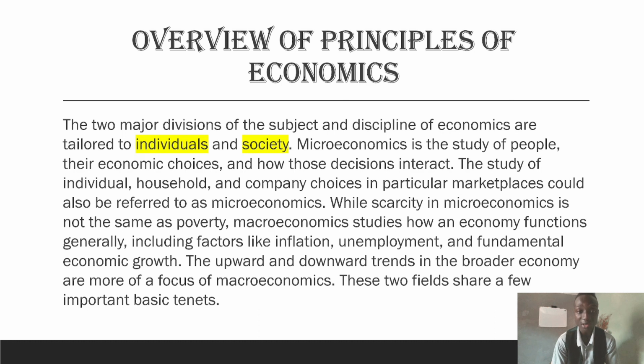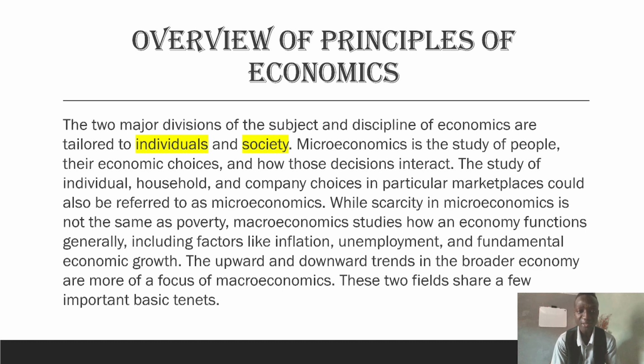Now we have microeconomics is the study of people, their economic choices, and how those decisions interact. Let's not forget that the economic choices each and every one of us takes require the act of making decisions. You don't take a choice when you have not made up your mind on your decisions.